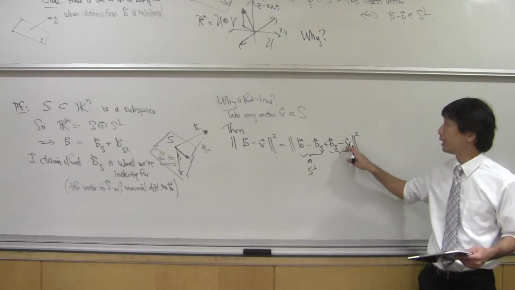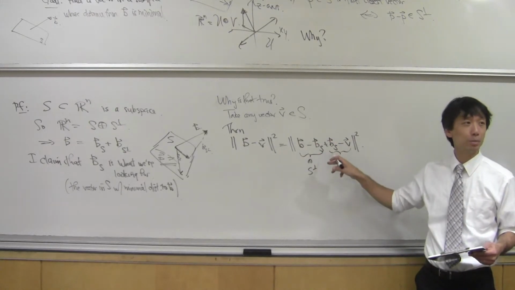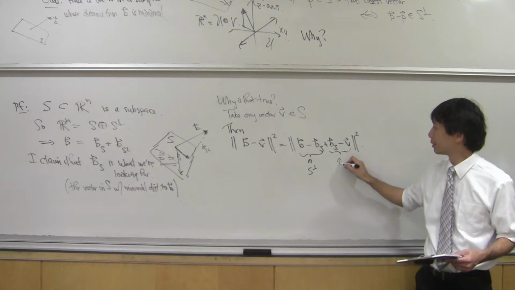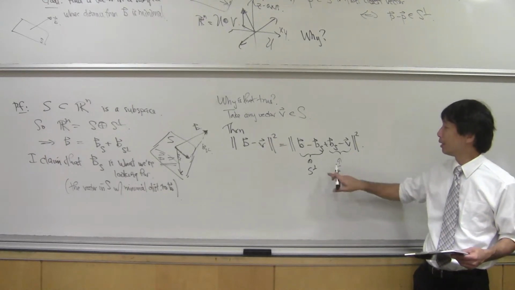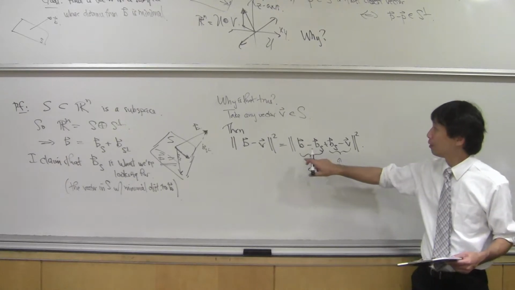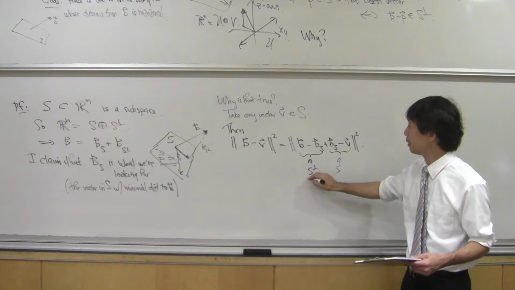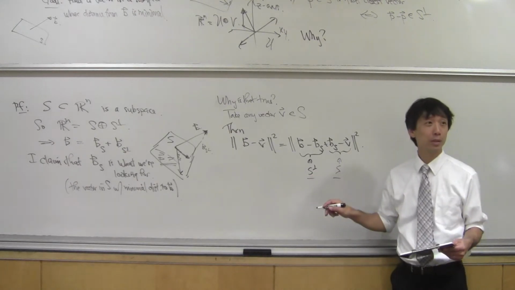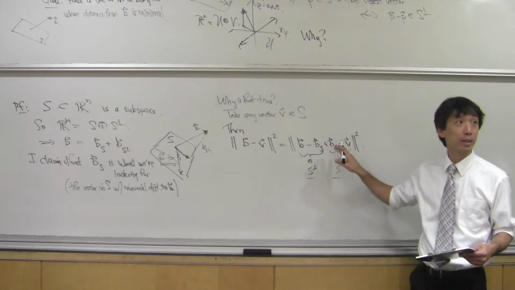Well, V was in S, and BS is in S, so the difference is in S. So what we've done is we've expressed this thing as the sum of something in S perp and something in S.